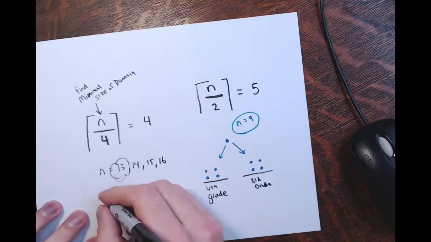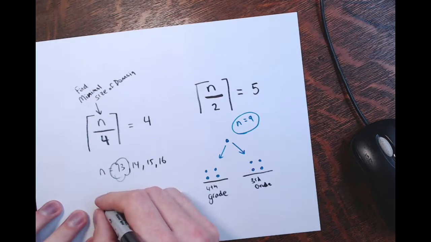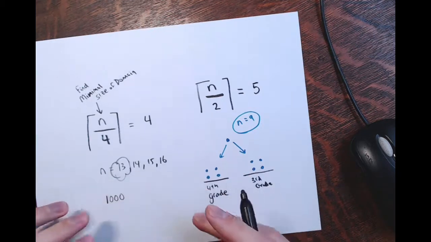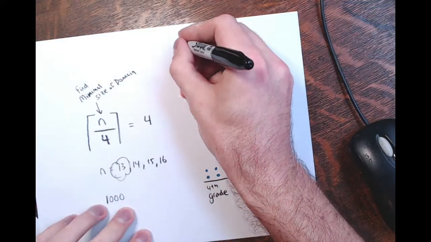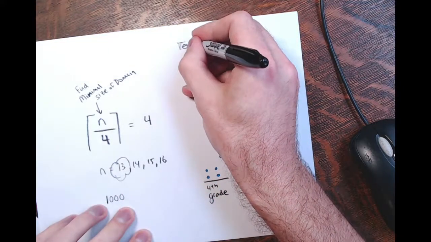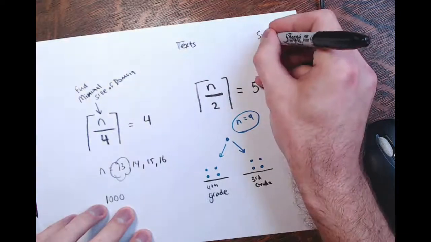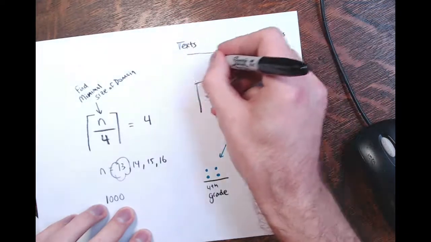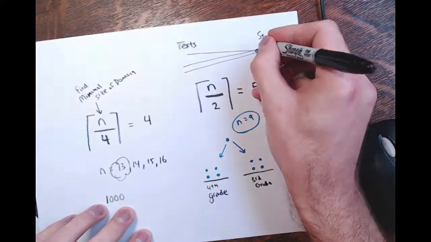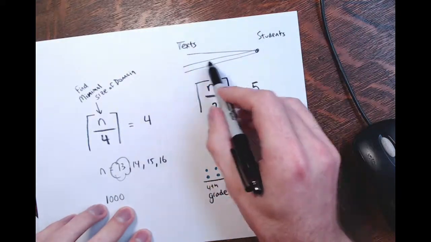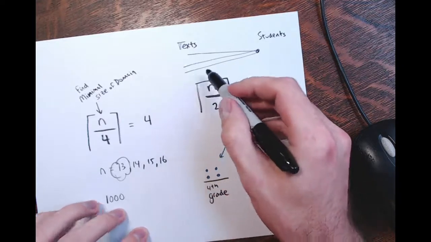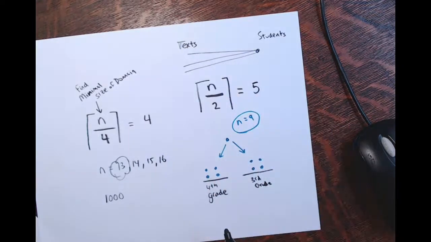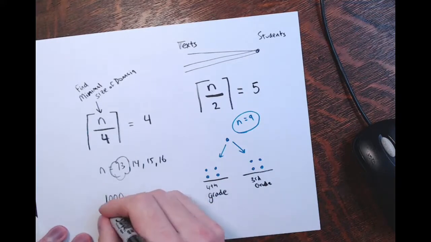So think about this. Now, this is a little different. They kind of give you the size of the domain, don't they? Because you can have the texts over here, and then students are the target, and then have every text that's sent by a certain student mapped to them. And I want to know how many texts I need to go through to make sure that at least 20 of them are going to the same student.